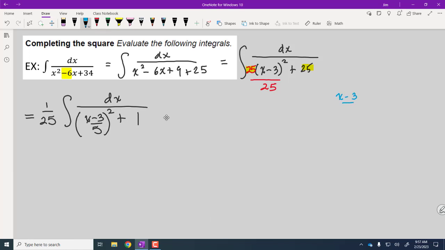Let's just suppose we're going to do trig sub. So we're going to let x minus 3 divided by 5 be tangent of theta, because tan squared plus 1 is an identity. Tan squared plus 1 is secant squared. So we differentiate both sides: dx on the left, d theta on the right.